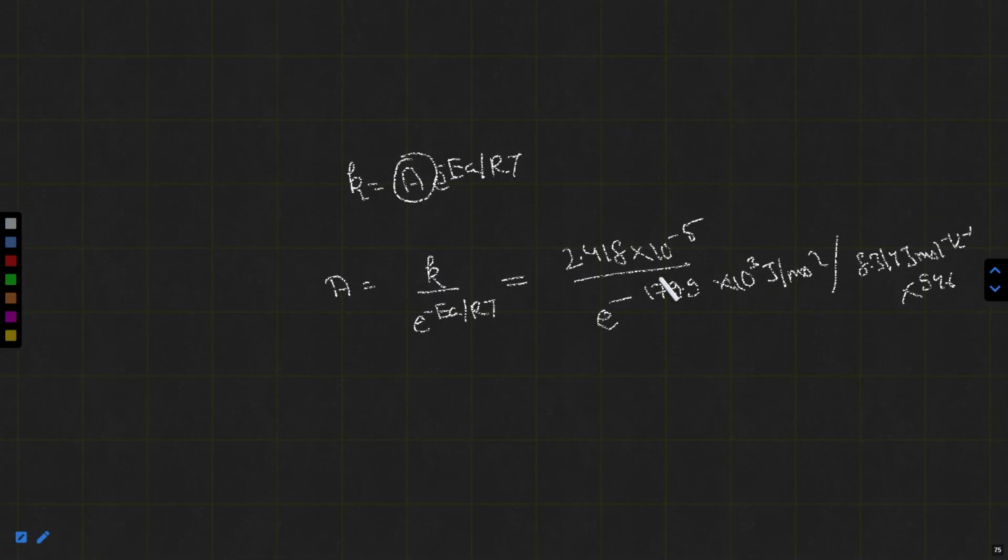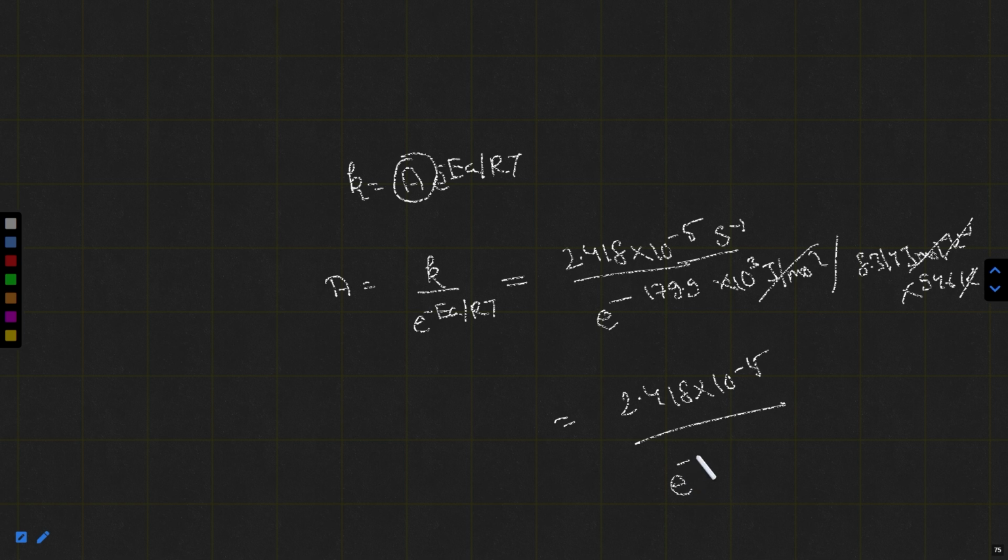The e power should be dimensionless: Kelvin and Kelvin cancel, joule per mole and joule per mole cancel, and the unit of A is per second. Using this equation, you can calculate the pre-exponential factor.